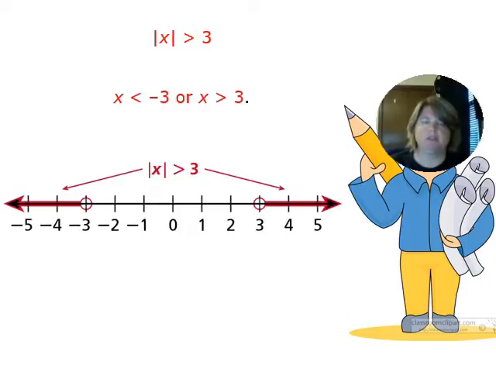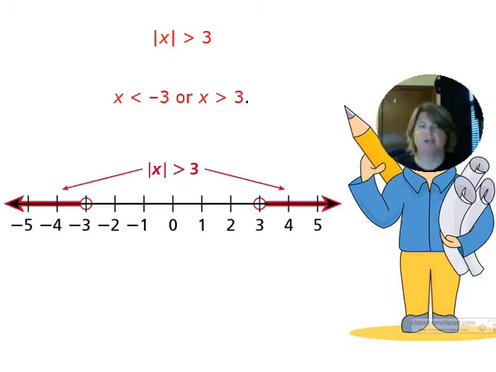Then we also have the absolute value of x is greater than 3. That means x is greater than 3 or x is less than -3. 3 is 3 units from 0, but we want all the numbers that are bigger than 3, so we draw an arrow to 4, 5, 6, 7, all the way to infinity.